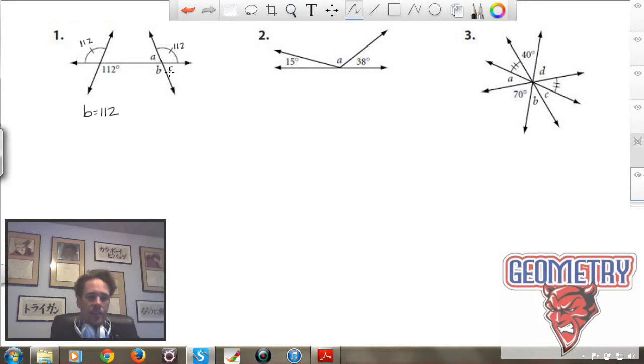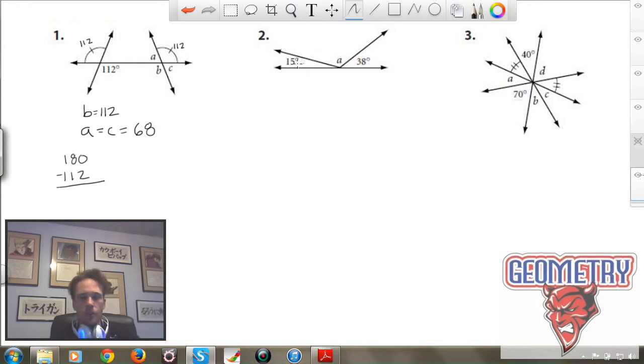A and C are the supplement of B, and A and C happen to also be the same. So A and C are the supplement of 112. So A is the same as C, and the supplement of 112, so we do 180 minus 112, which gives us 68 for both of those.